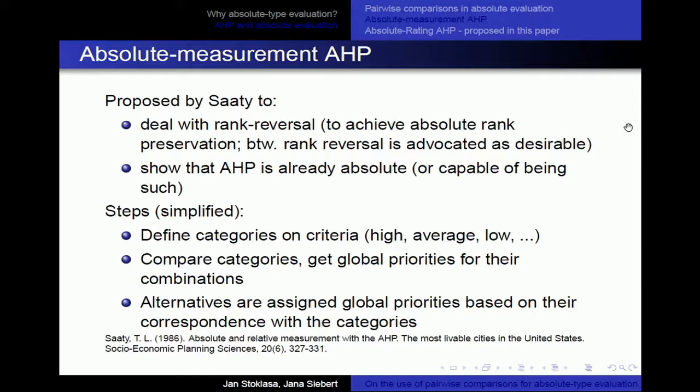And then the evaluation goes in a very simple way. You take an alternative, you check into which supercategory it belongs, and then you already have the evaluation because you have evaluated the supercategories.